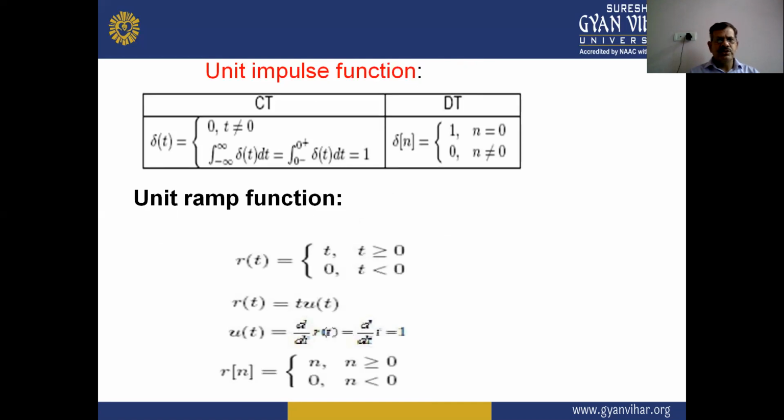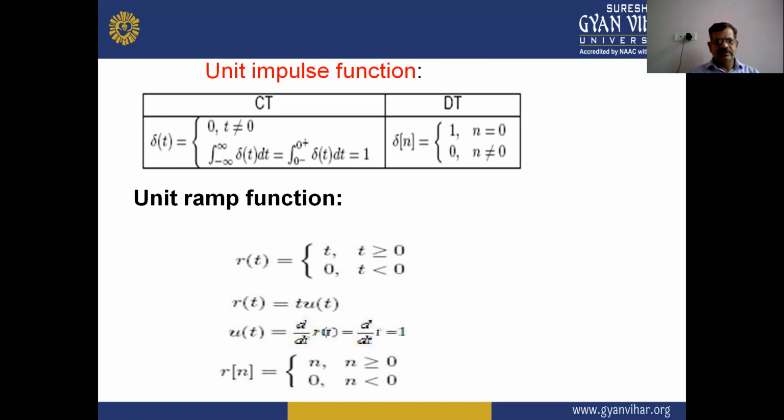Next one is the unit impulse function. We represent the unit impulse function by delta(t). delta(t) = 0 when t is not equal to 0, and the integration from minus infinity to infinity of delta(t) dt, or from 0- to 0+, equals 1.